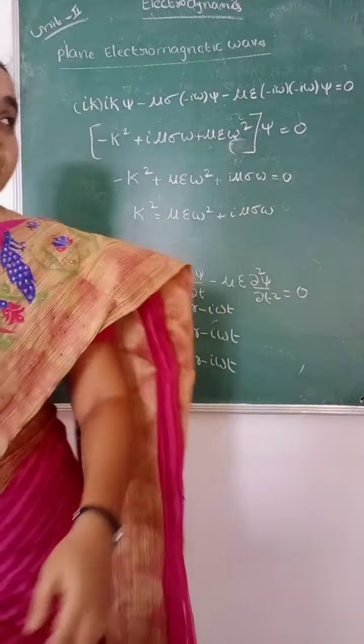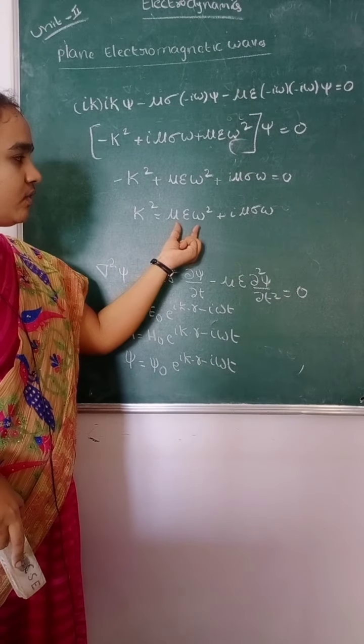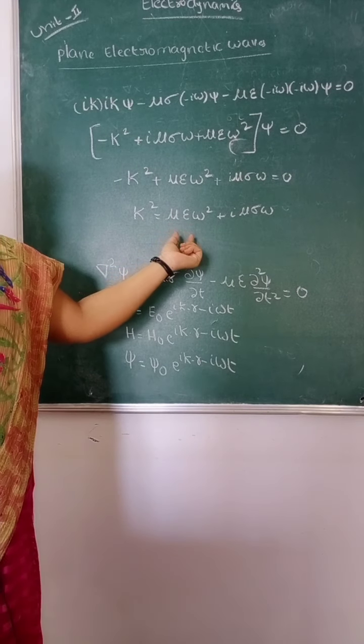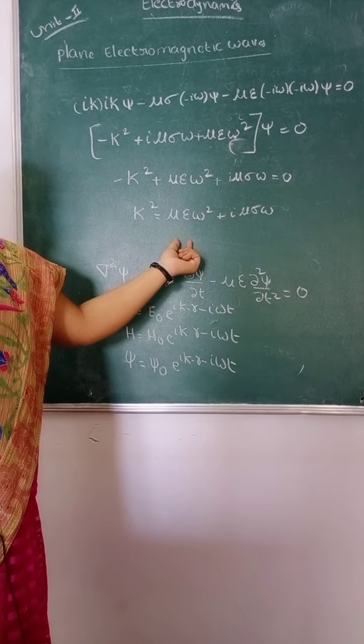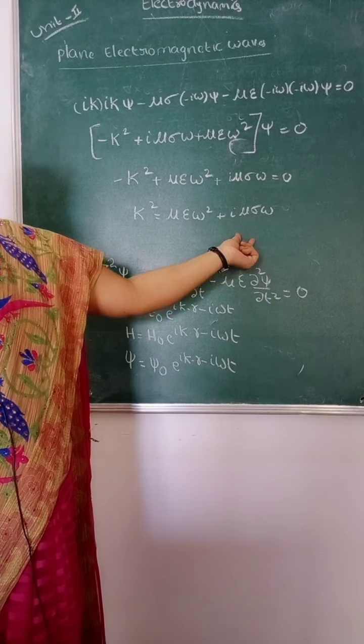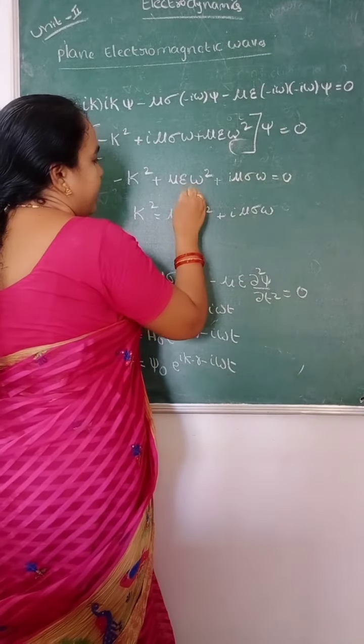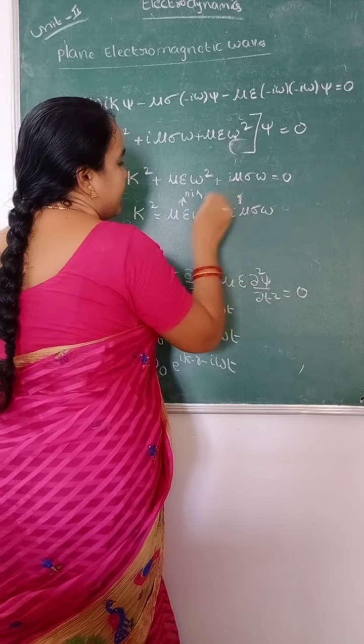Thus k square is some real quantity plus an imaginary quantity. The real quantity is the displacement current term and the second one is the conduction current term.